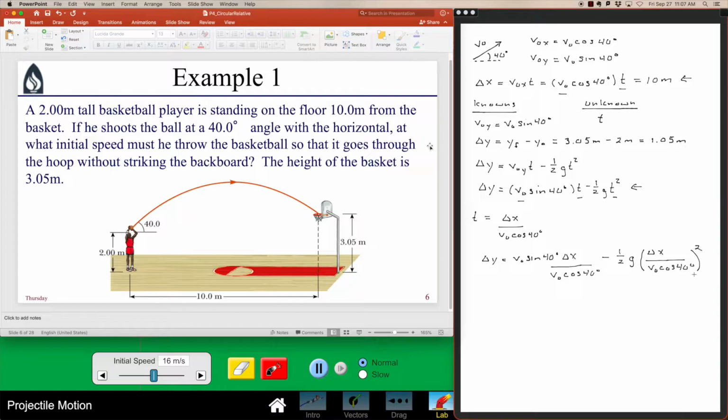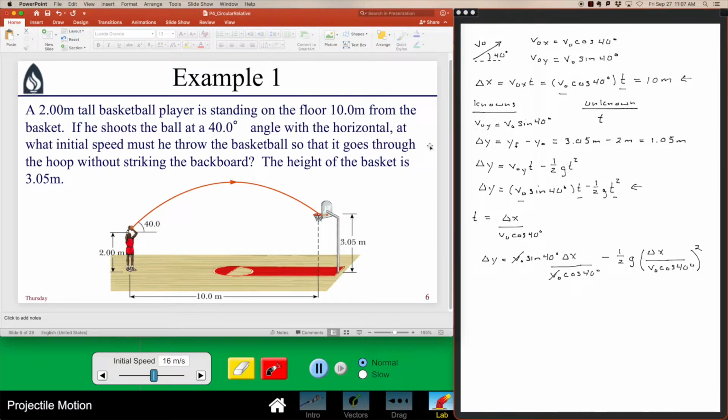Next I'll look to see if I can do any simplifications. One simplification is that I have a V naught in the numerator and the denominator, so those will cancel. Another is that I have a sine of 40 over the cosine of 40, and if we remember our trig identities, sine over cosine is the same thing as tangent.